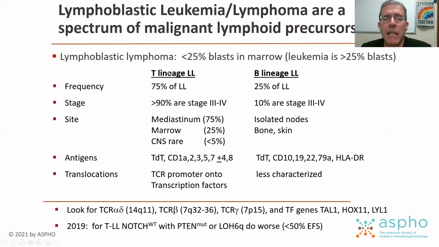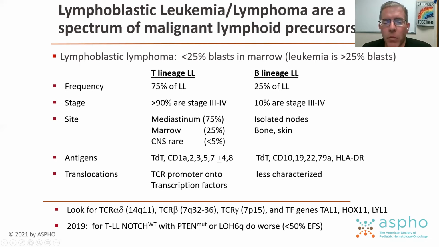When we compare T lineage versus B lineage lymphoblastic lymphoma, about 3/4 are T lineage. 90% of T lineage are stage 3 to 4, the opposite for B lineage. It will frequently present in the mediastinum or the bone marrow, and occasionally the CNS, whereas B lineage tends to be isolated nodes or the bones or the skin.